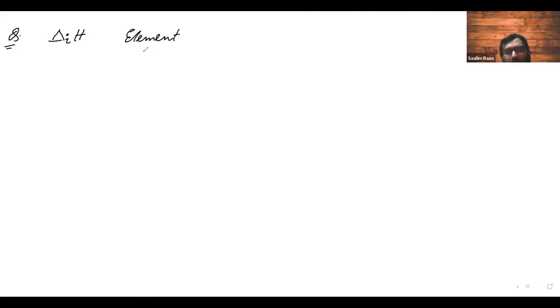The elements are sodium, magnesium, and silicon. For sodium, the delta IH is 496 kilojoule per mole. Next, for Mg, 736, and the next is 786. Now don't start loving silicon.